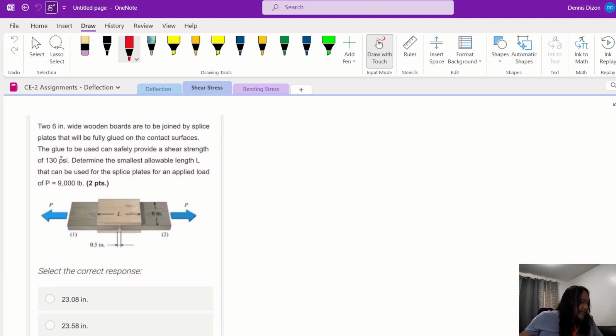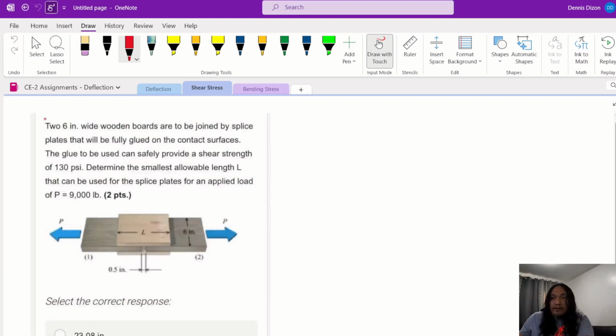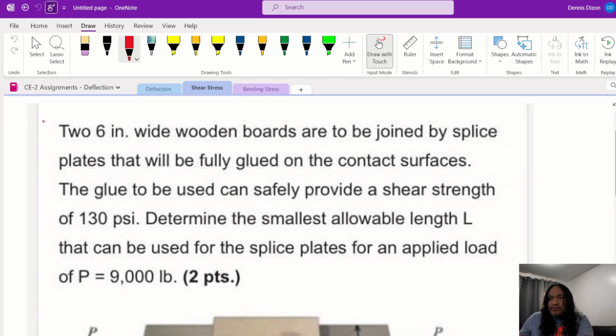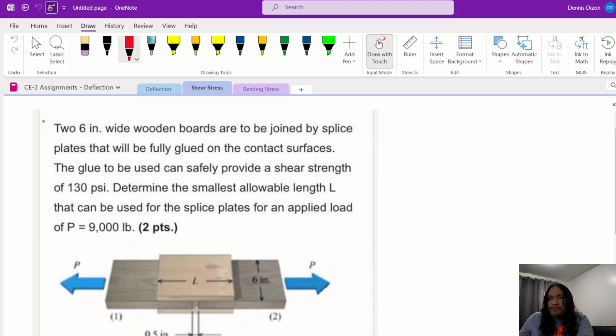So the question says here: two 6-inch wide wood boards are to be joined by splice plates that will be fully glued on the contact surfaces. The glue to be used, let's just zoom this, can safely provide a shear strength of 130 psi.